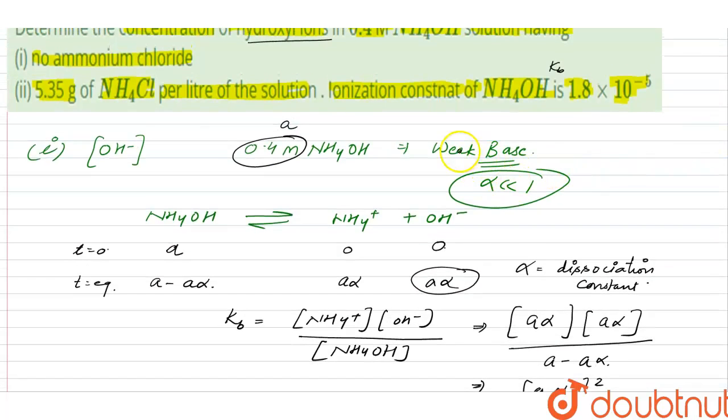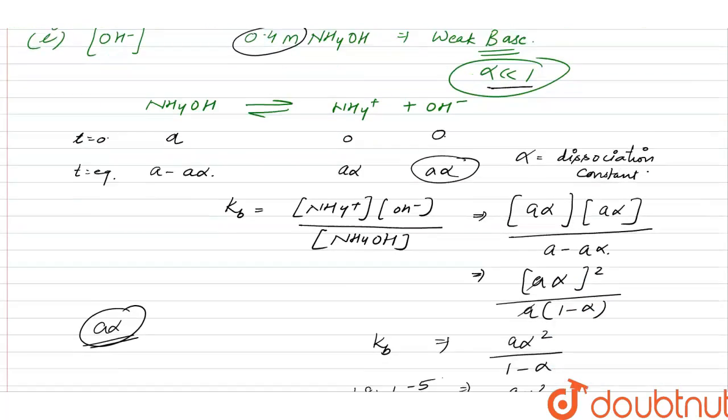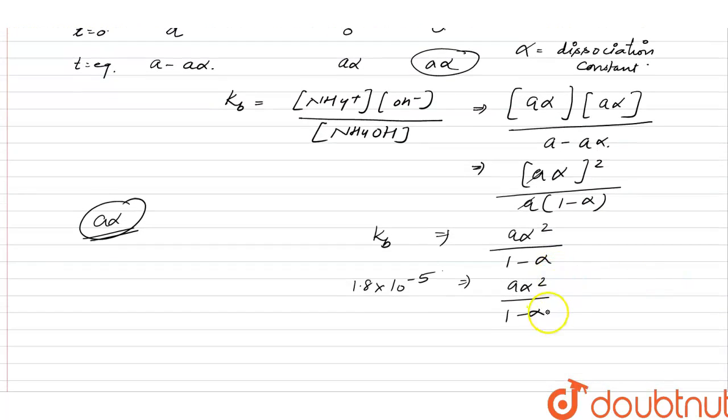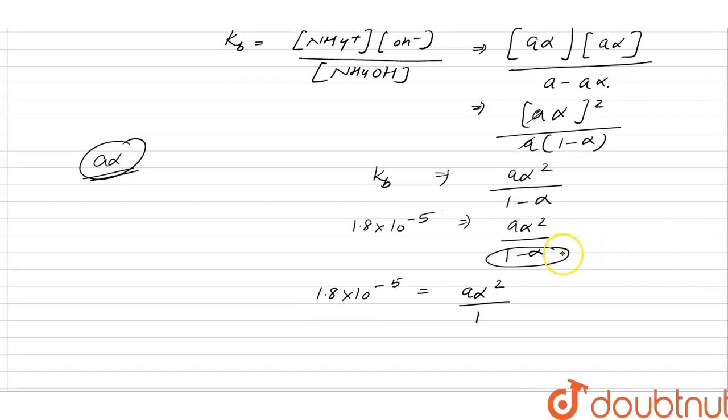Earlier we said that for a weak base, dissociation is very less, alpha is very much less than 1. So we can neglect alpha with respect to 1 and write 1.8 into 10 to the power minus 5 equals A alpha square.